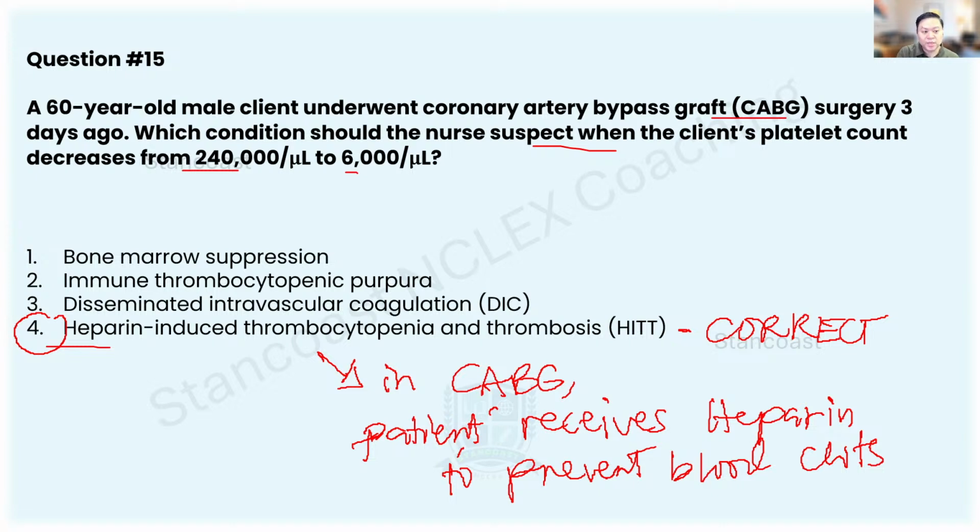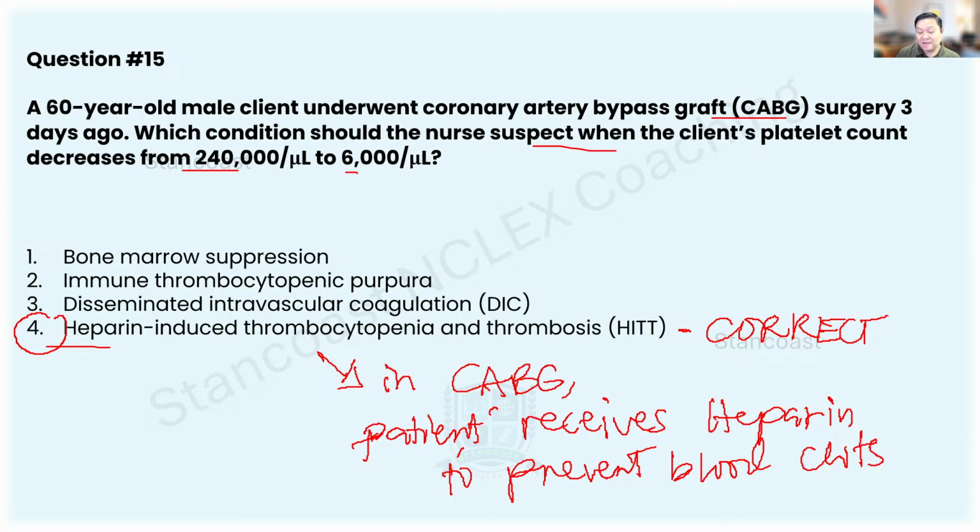This will require us to quickly assess and review the medications that the patient is taking, and make sure that this is reported immediately to the medical provider so that we can discontinue the heparin. If there's still a need to anticoagulate the patient, they might need an alternative medication, the argatroban.